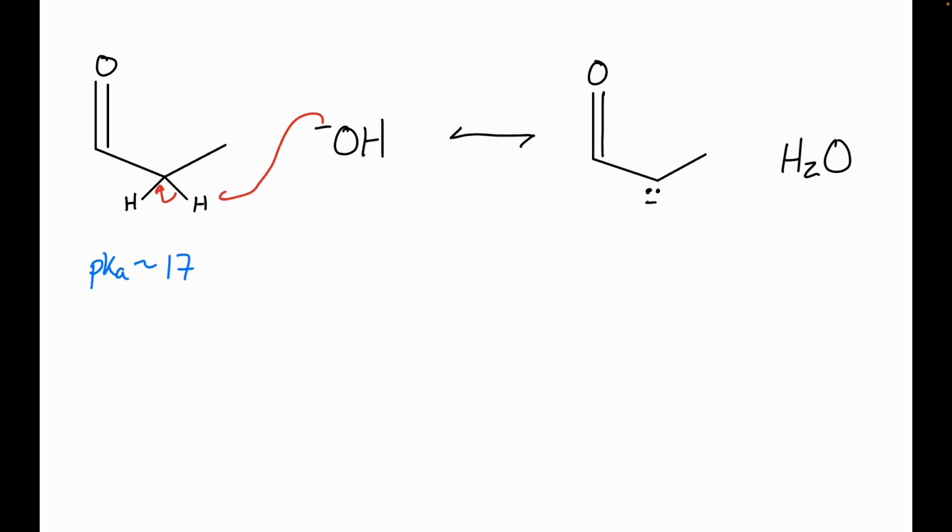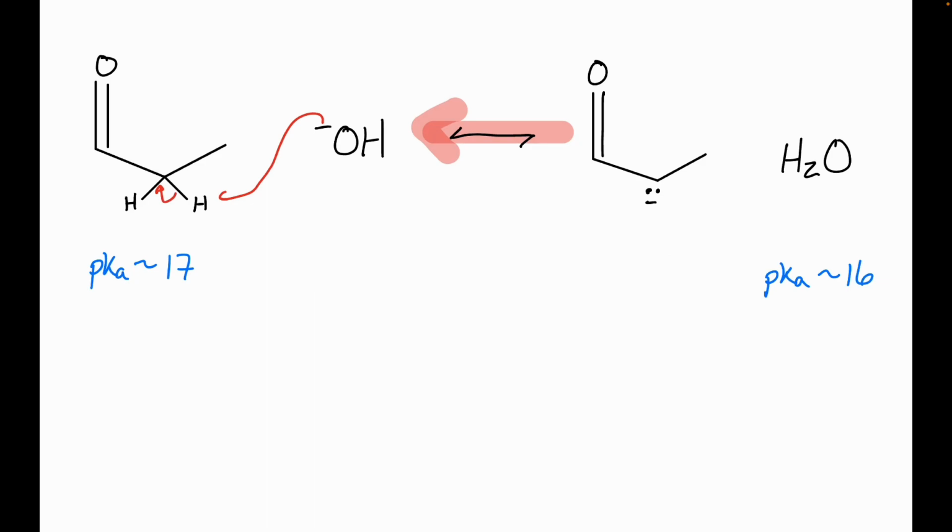And I'm going to look at the pKa of my conjugate acid on the other side, water. The pKa of water is about 16. All right, so then according to these pKa values, what is the stronger acid? Water, right? The lower the pKa value, the stronger the acid. And remember, the stronger acid wins. So this reaction right here actually favors the reactant side.